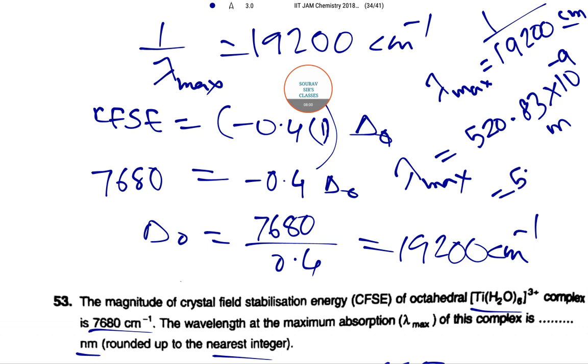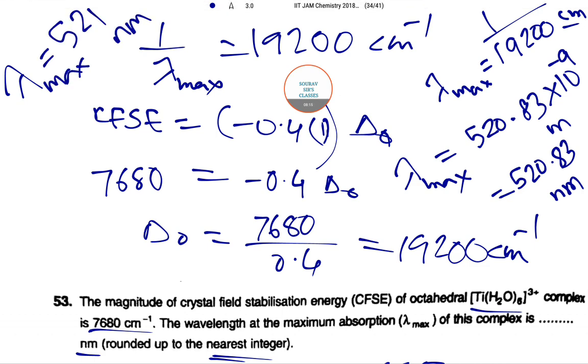So this will be equal to 520.83 nanometers, and since we have been asked to round up to the nearest integer, this will be 521. So lambda max will be 521 nanometers. So the answer will be 521. Hence the answer is 521.